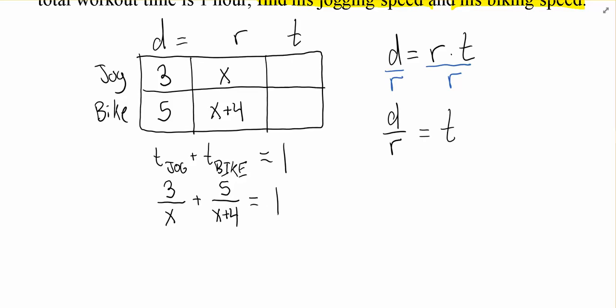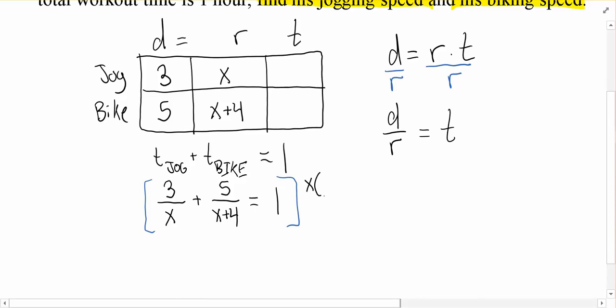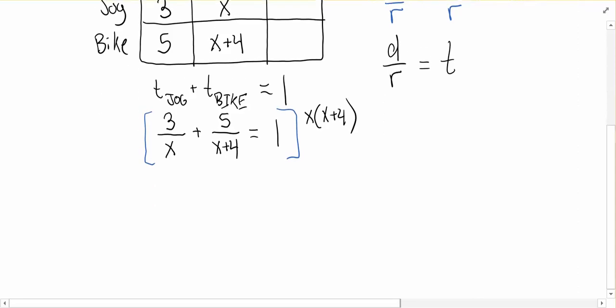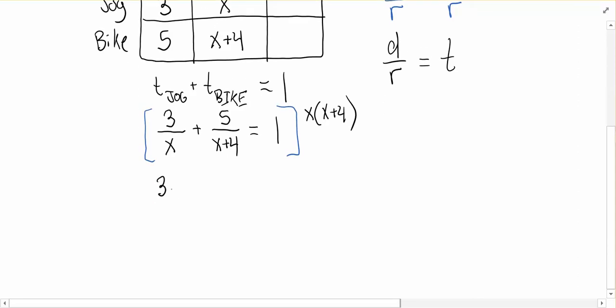As I look at this, what I see is a rational equation, an equation with fraction expressions in it. Fractions suck. Get rid of the fractions. So we're going to multiply both sides by the LCD, where the LCD is x times x plus 4, and we're going to put an x plus 4 into the top of each of these fractions.